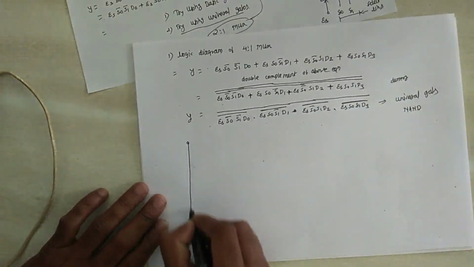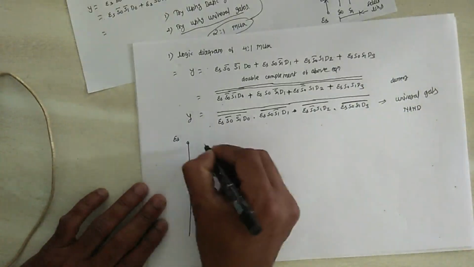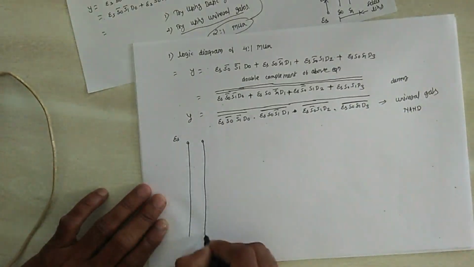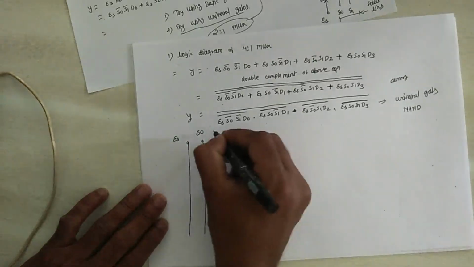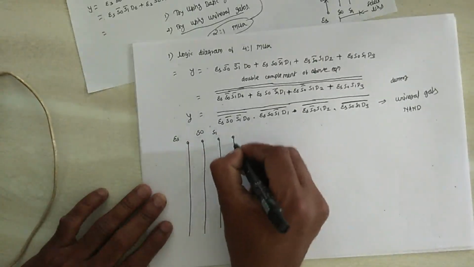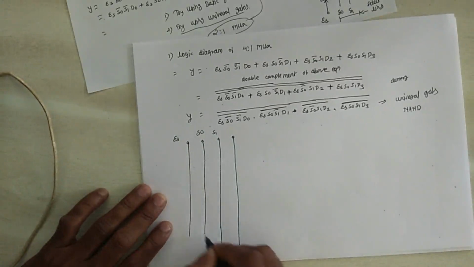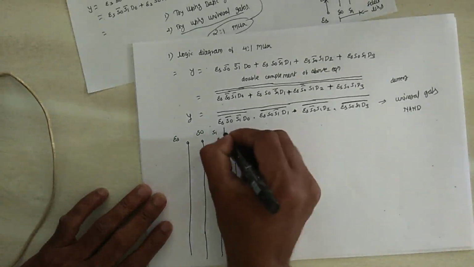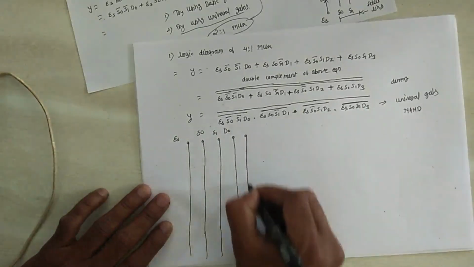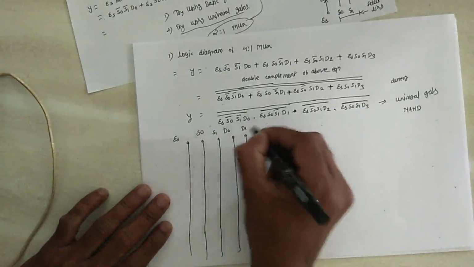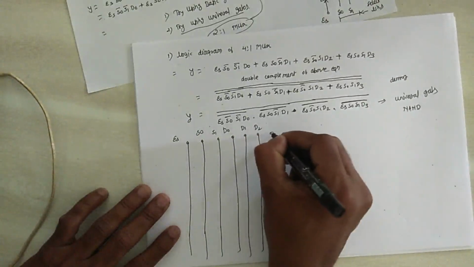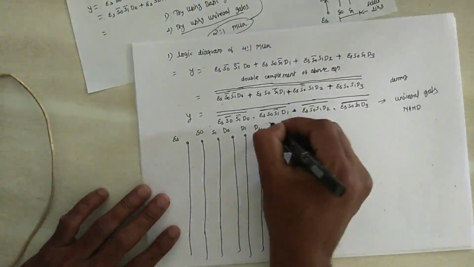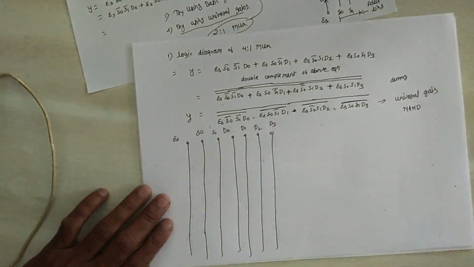The inputs are S0, S1, D0, D1, D2 and D3. These all are the inputs.